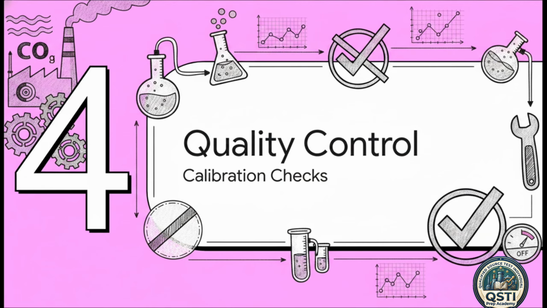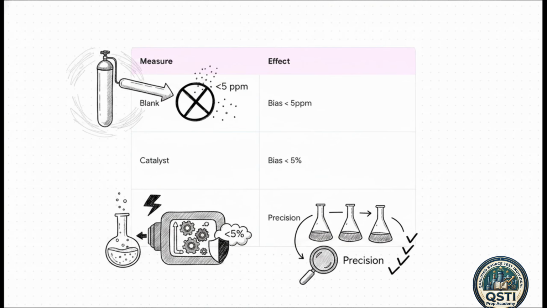Okay, moving to Section 4, Quality Control and Calibration. Because honestly, all this complex machinery doesn't mean a thing if the equipment is off. To keep the system honest, we run some vital checks. For instance, before we even touch the real sample, we run a carrier gas blank check. This ensures that any accidental contamination in our baseline gases is adding less than 5 parts per million of positive bias.